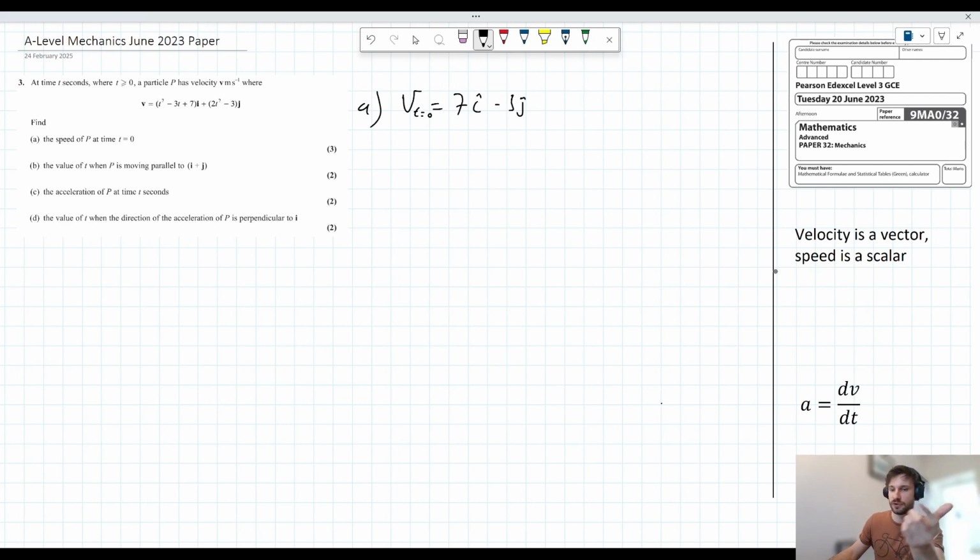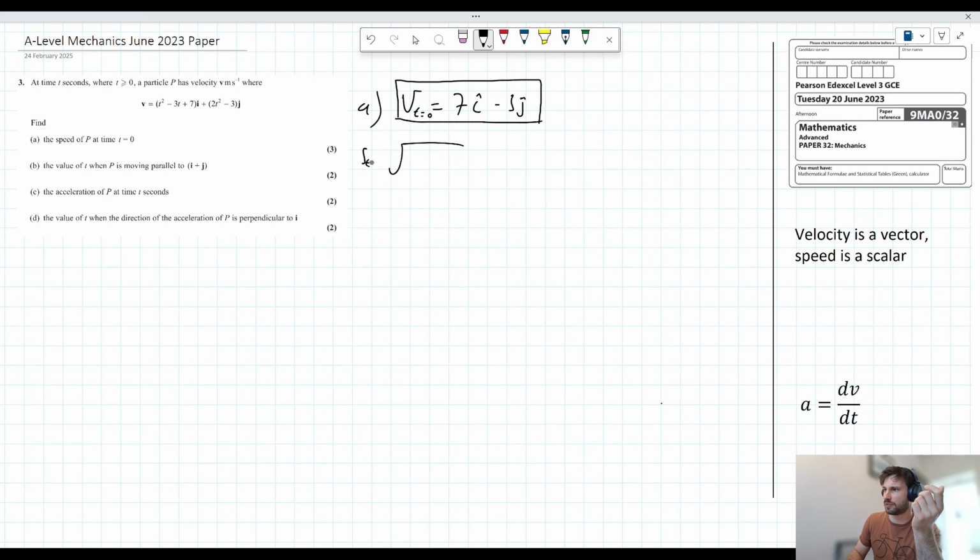Since we're being asked for the speed of our particle, note that velocity and speed are two different things. This is a velocity. Speed, on the other hand, is just a number, and speed can be taken as the magnitude of velocity. So to find the magnitude, we can use Pythagoras' theorem.